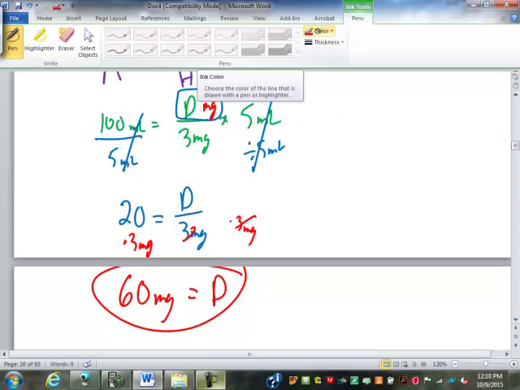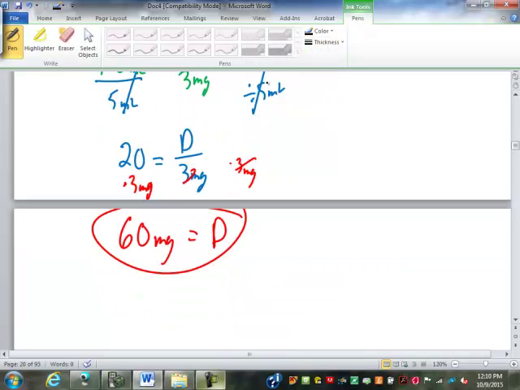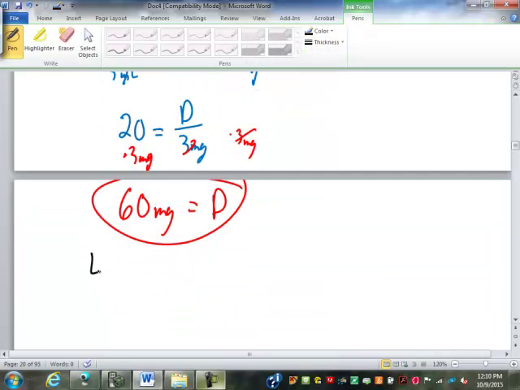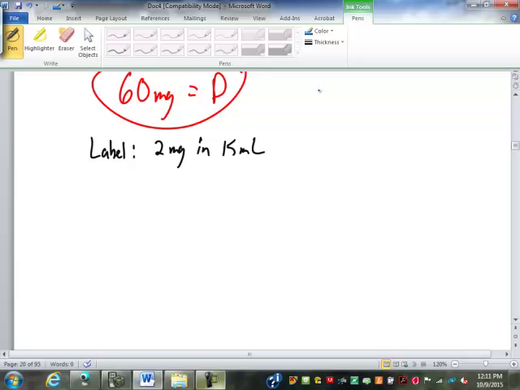To work it the other direction, our new label on our new bottle was 2 milligrams and 15 milliliters. So now 60 milligrams over what? 2 milligrams times 15 milliliters.